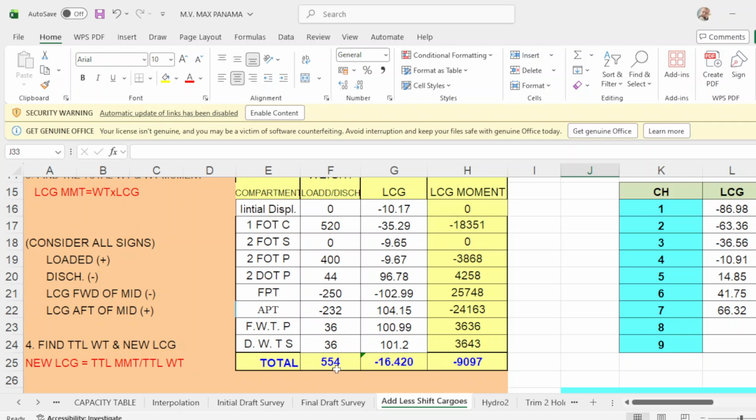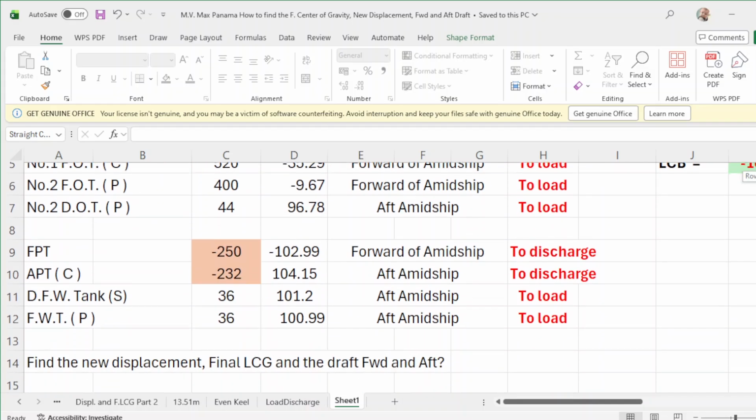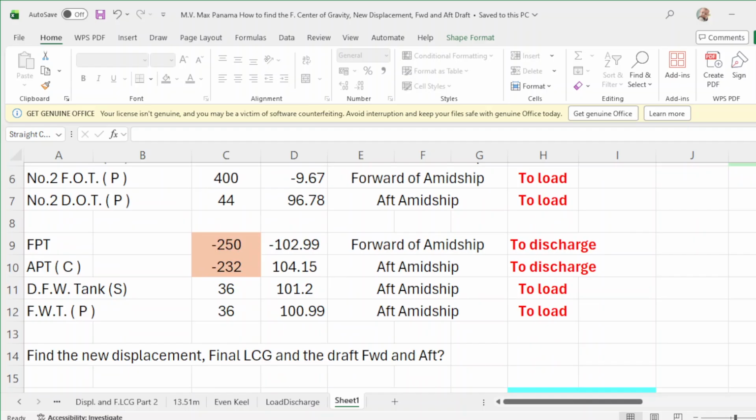Total of 554 metric tons. That will be your total weight being loaded. The same with this one, 420, 444, ballast 250 and 36.